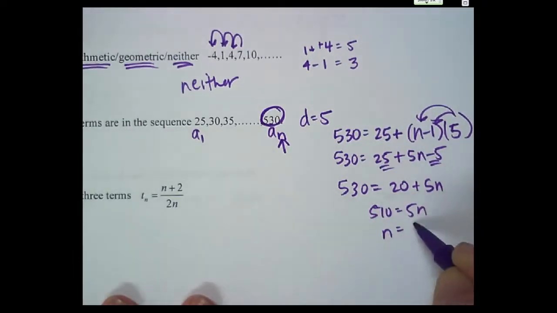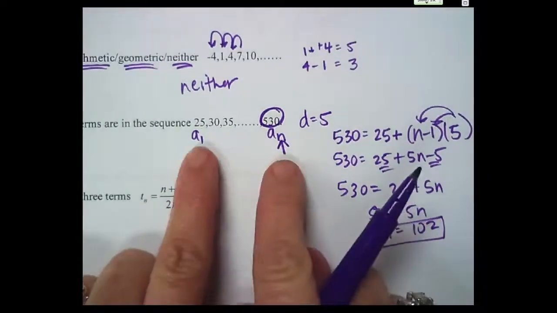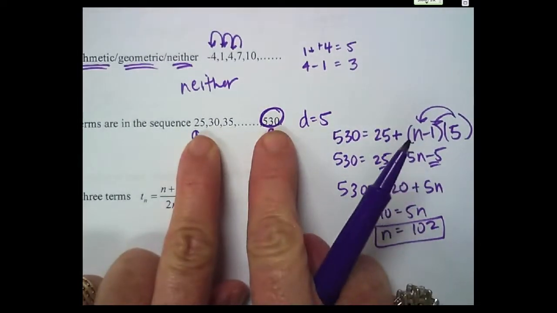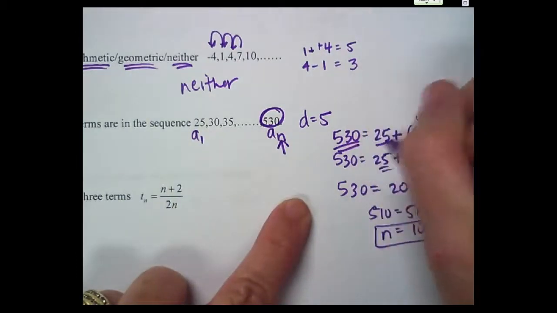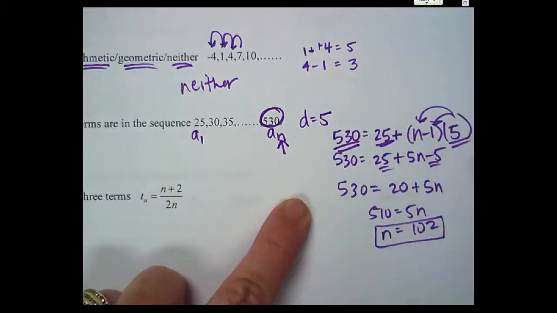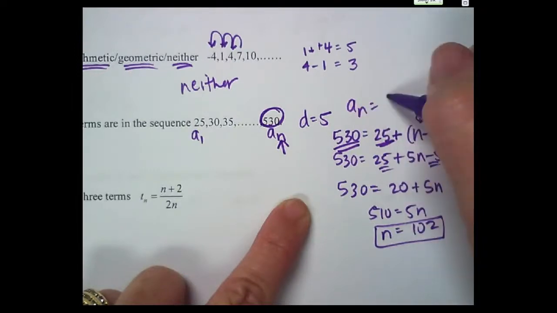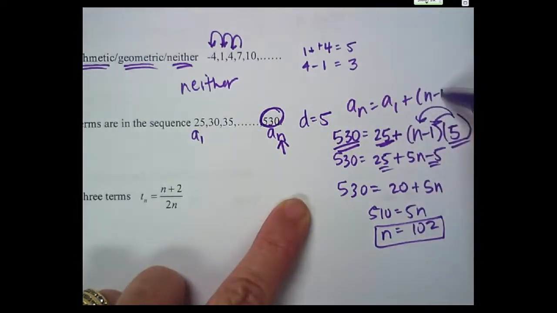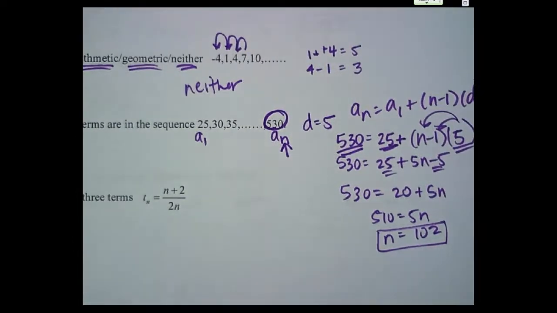So n is 102. That means there's 102 there. Does that make sense? Okay, look at it again to help you memorize it. Look, start, stop, right? Last term, first term, D. You just fill in the formula. Okay? You fill in the formula.